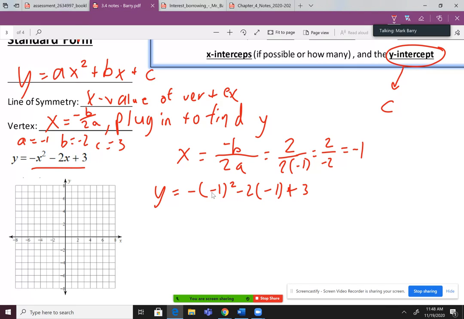Now you got to be really careful here. You got to do the exponent first. Remember, this is kind of like saying negative 1 times negative 1 squared. So we're not allowed to do minus minus goes to plus plus here because we have to do the exponent first. So negative 1 squared is actually positive 1. So now when I multiply it, it's back to negative 1.